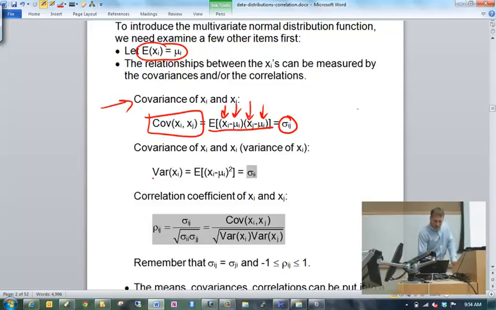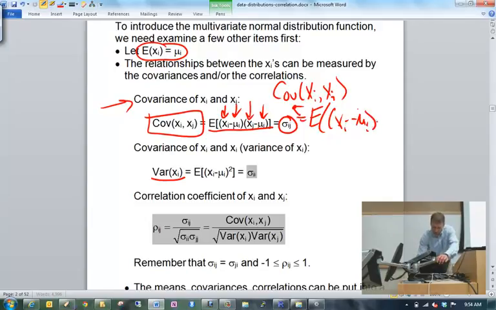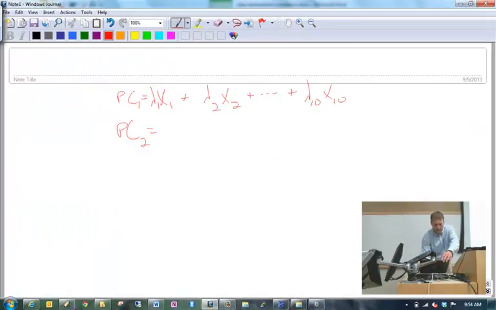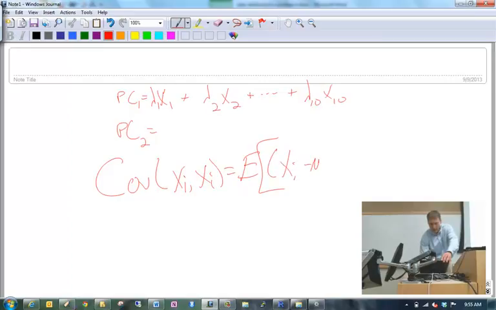Now we looked at the variance of x sub i before. Again, as you learned in your first stat course, that was the expected value of (x sub i minus mu sub i) squared. Now notice, the covariance of x sub i with itself is equal to the expected value of (x sub i minus mu sub i) times (x sub i minus mu sub i).